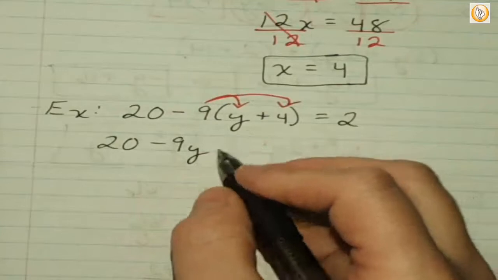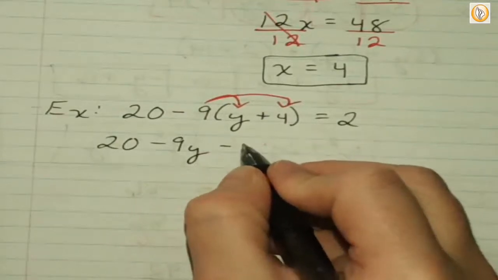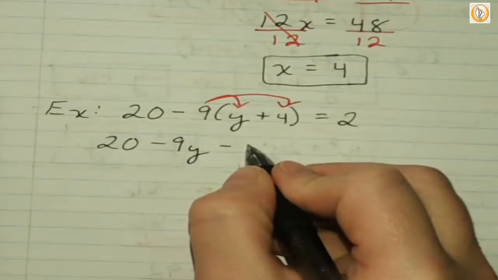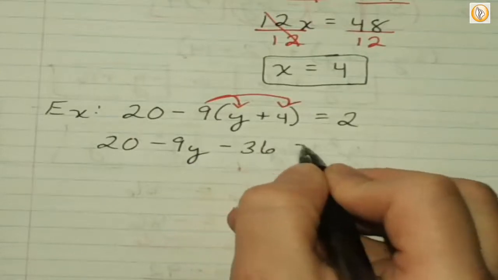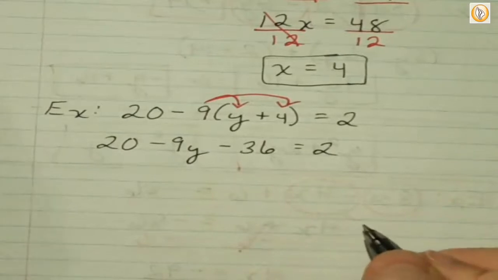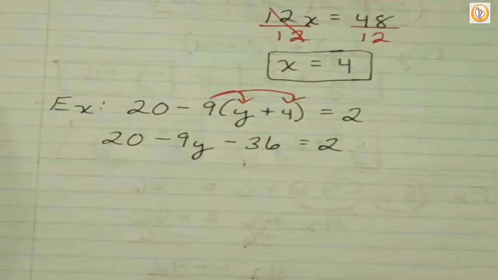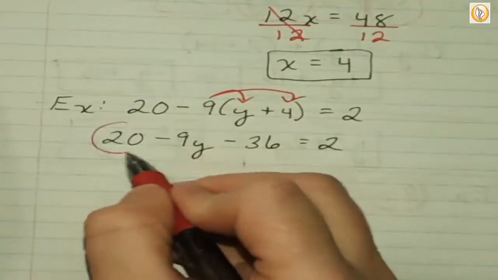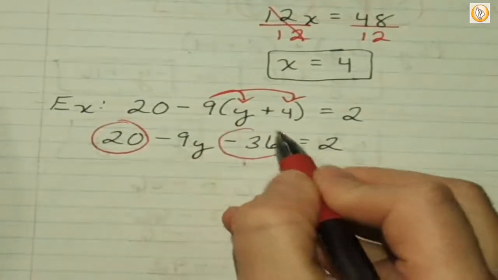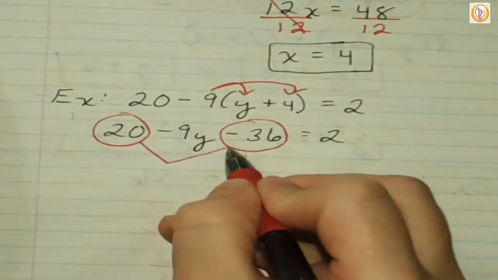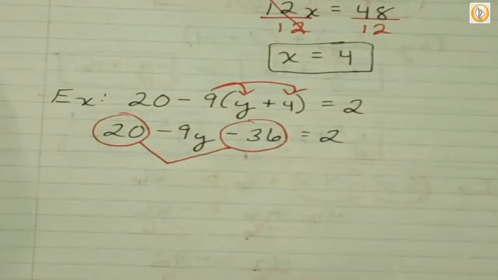And negative 9 times 4? 36. So negative 36, and then equals 2. So, Italia, what's my like terms? 20 and negative 36. Very good. This time, it's not the letters, it's the numbers. Okay, so 20 and negative 36, Italia, what do you get?